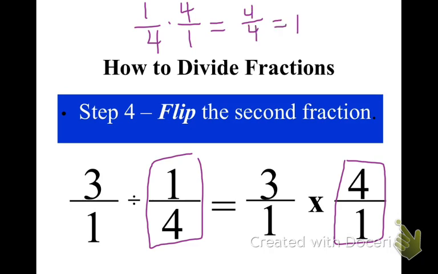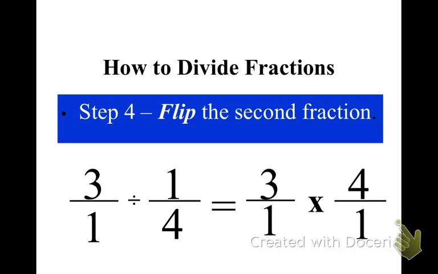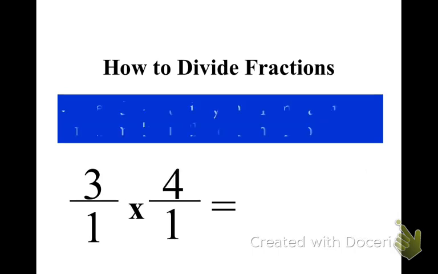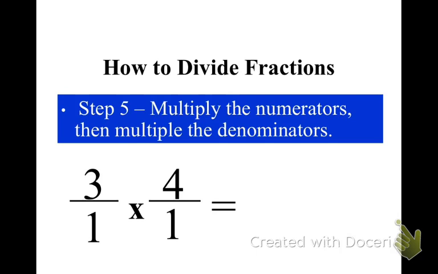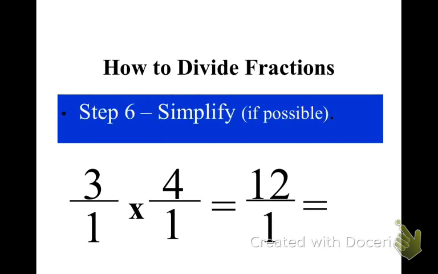So every number times its reciprocal is equal to 1. So find the reciprocal of the second fraction. Step 5, multiply the numerators, then multiply the denominators, just like yesterday. And step 6 would be to simplify if possible. So if you ever have a fraction over 1, you could just write it as a whole number.